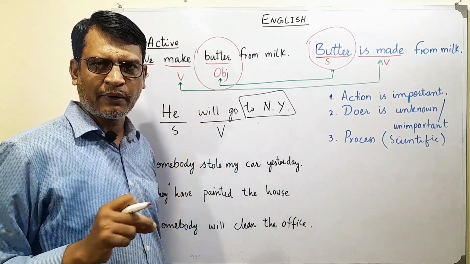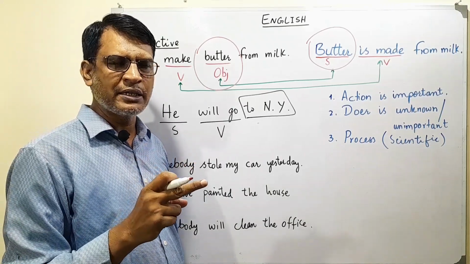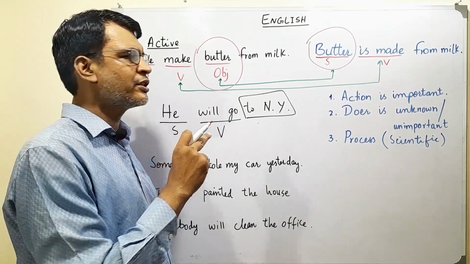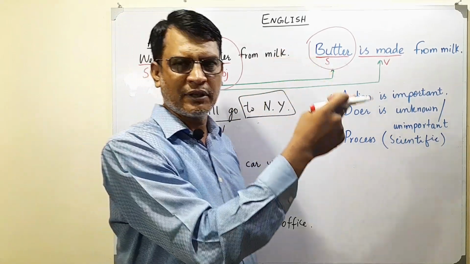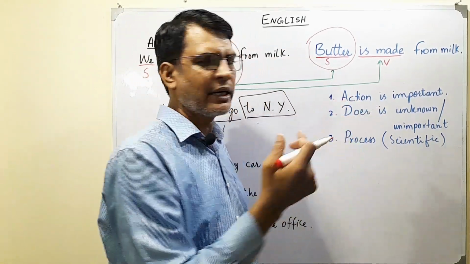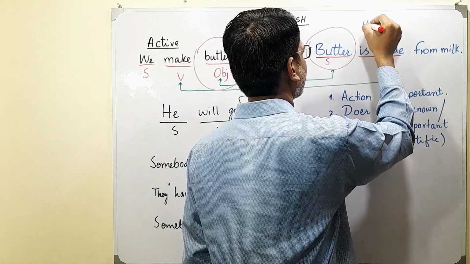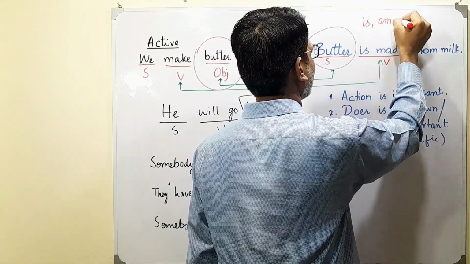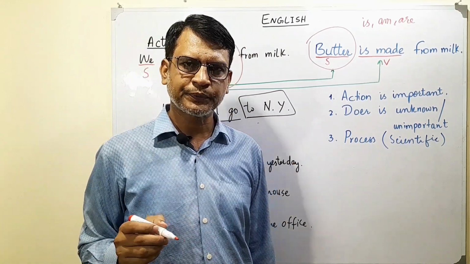If it is present simple tense, present indefinite tense, we have to change that into passive present indefinite. And how do we determine this? Well, there are three things, is, am, and are, that we have to be careful about.